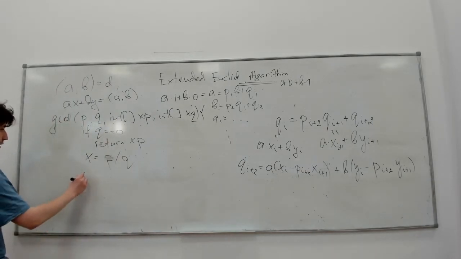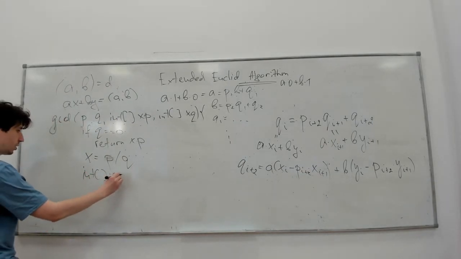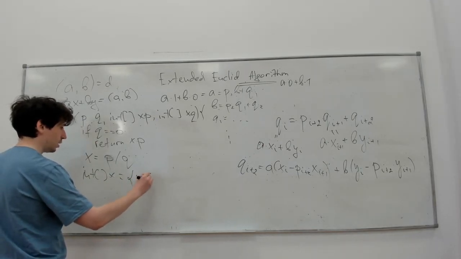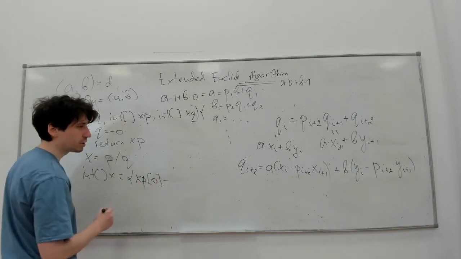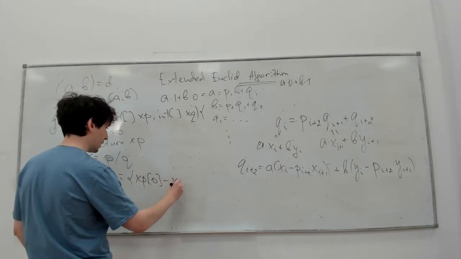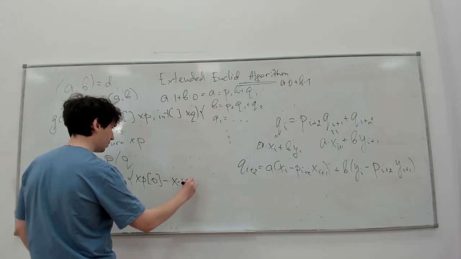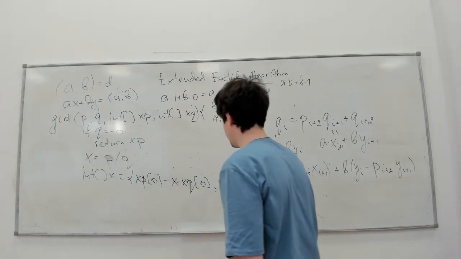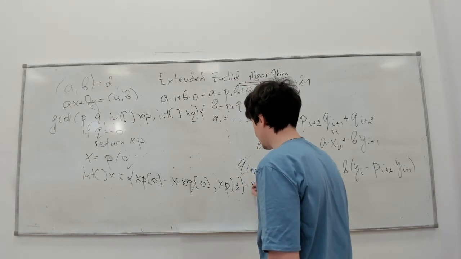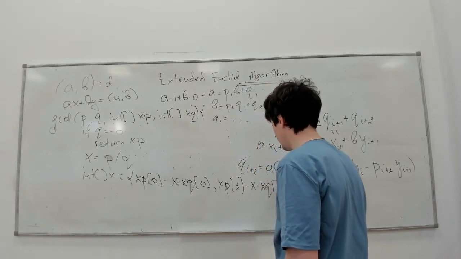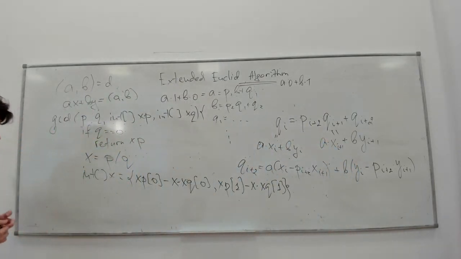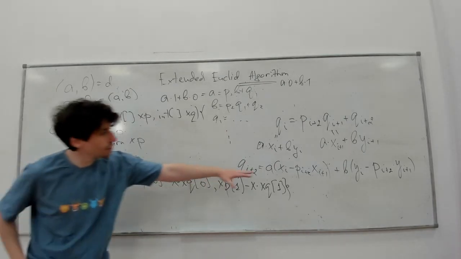Then x equals xp of 0 minus x times xq of 0, and xp1 minus x times xq1. So this is exactly like the thing here.